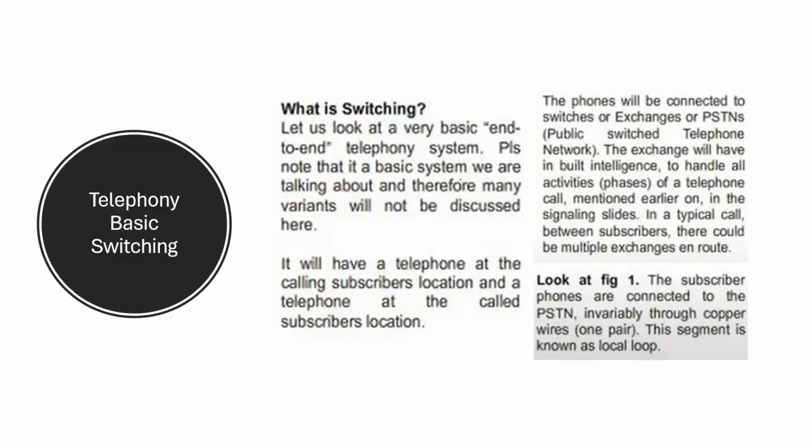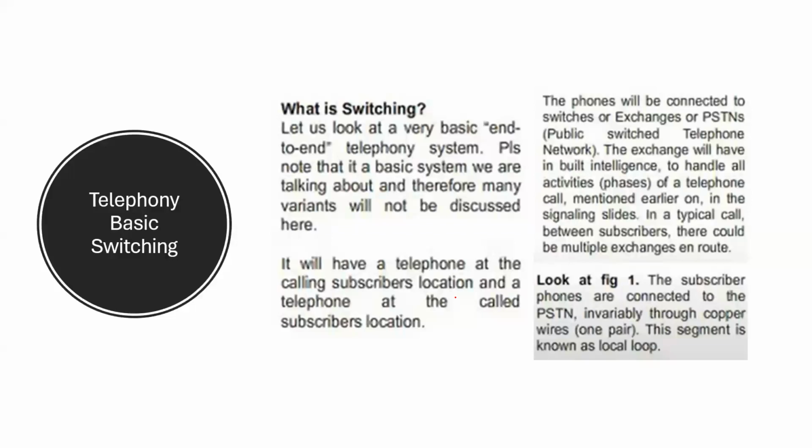Note that it is a basic system we are talking about, and therefore many variants will not be discussed in this figure. It will have a telephone at the calling subscriber location and a telephone at the called subscriber location. The phone will be connected to switches or exchanges or the public switched telephone network.